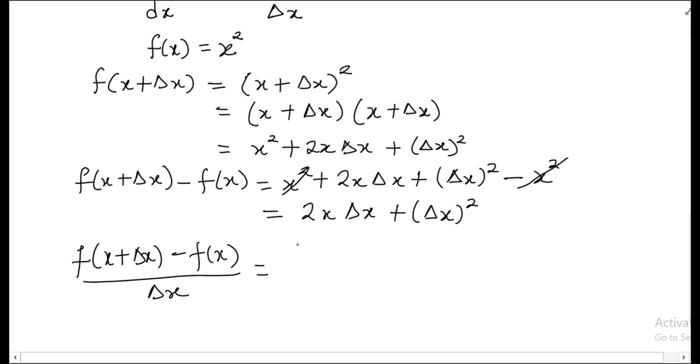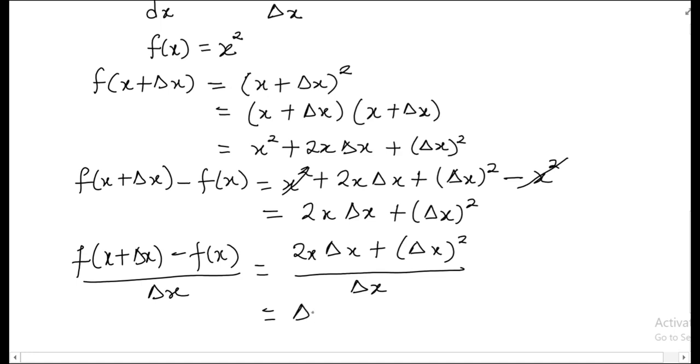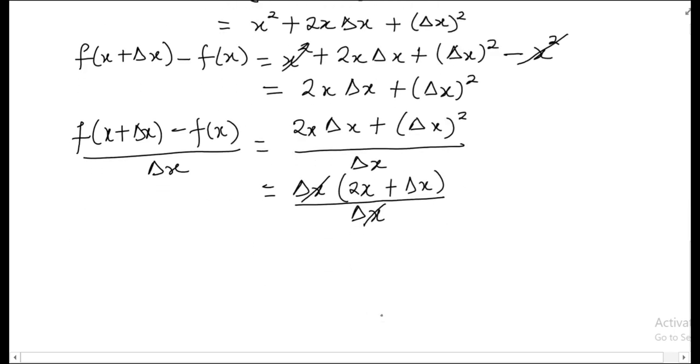So this gives 2x dx + (dx) all squared all divided by dx. Of course we can split this into fractions, or you can factorize it using dx. You have dx as a common factor. Here you have (2x + dx) in bracket all divided by dx. So this will be dx dividing dx, and this gives us 2x + dx.